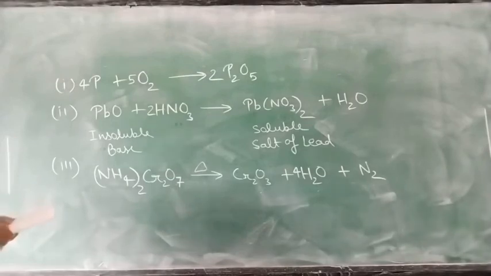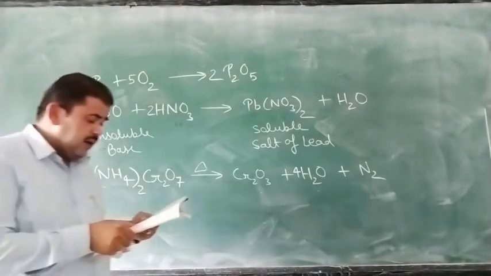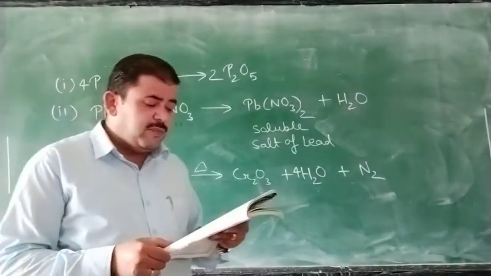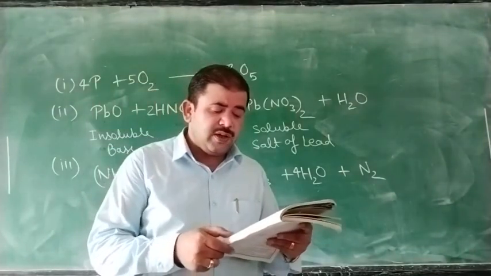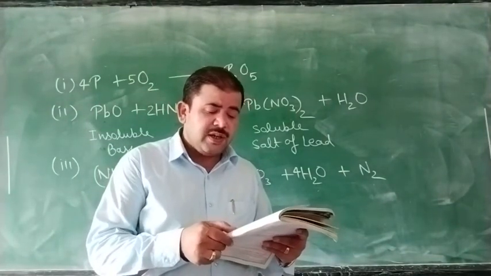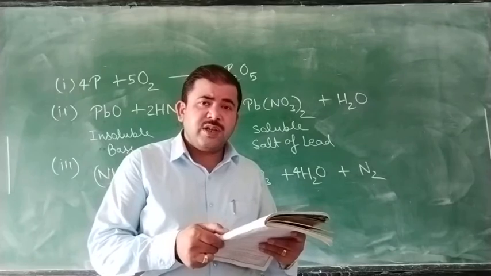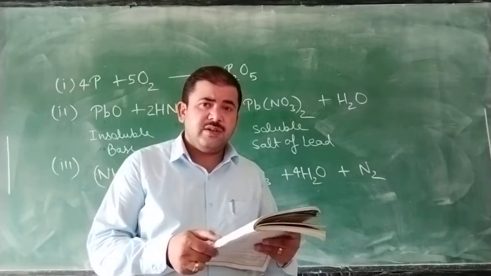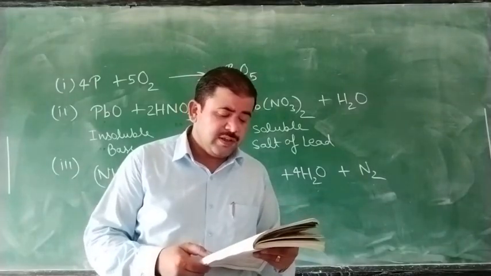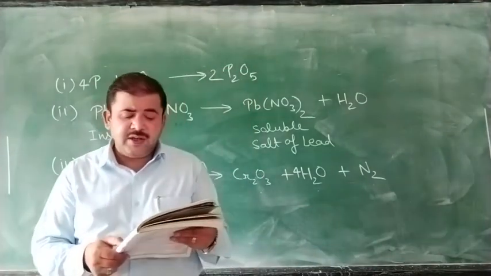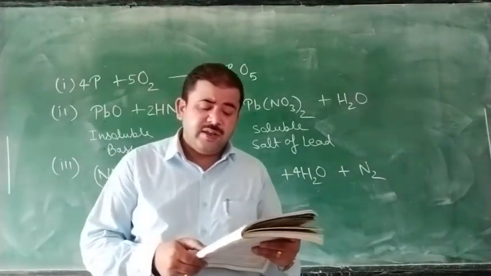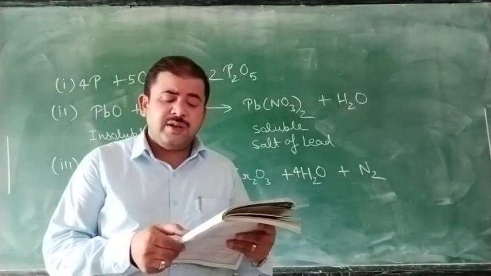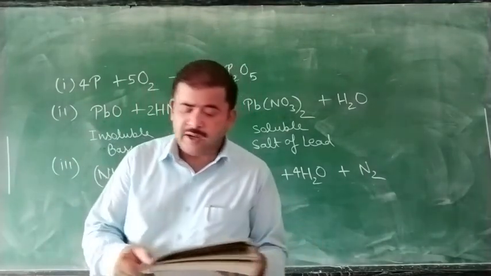Next question: is this reaction between a metal and a non-metal resulting in formation of an insoluble salt of iron. So a synthesis reaction means a combination reaction. A synthesis reaction between a metal and a non-metal resulting in formation of an insoluble salt of iron.